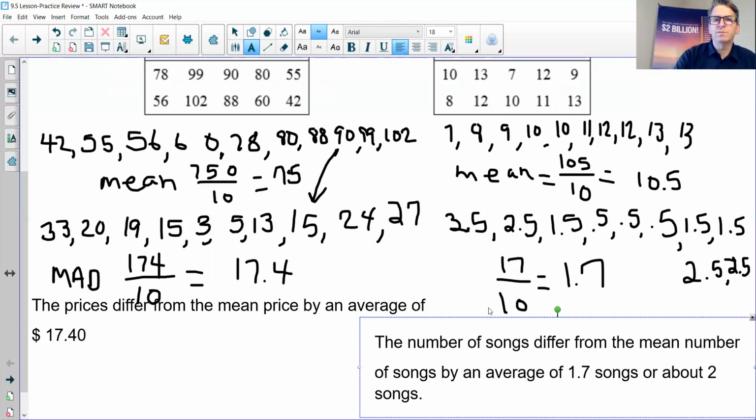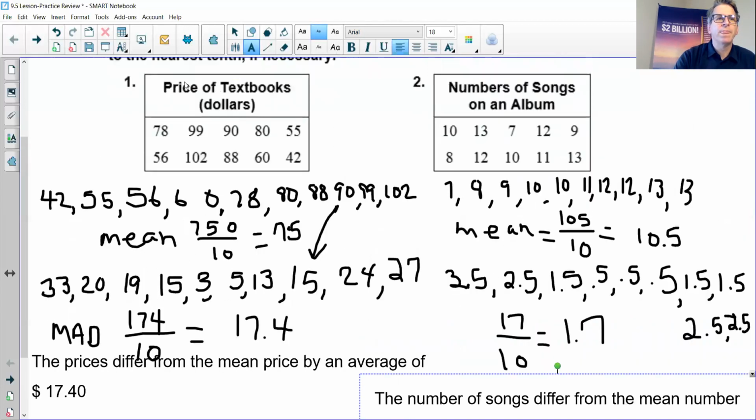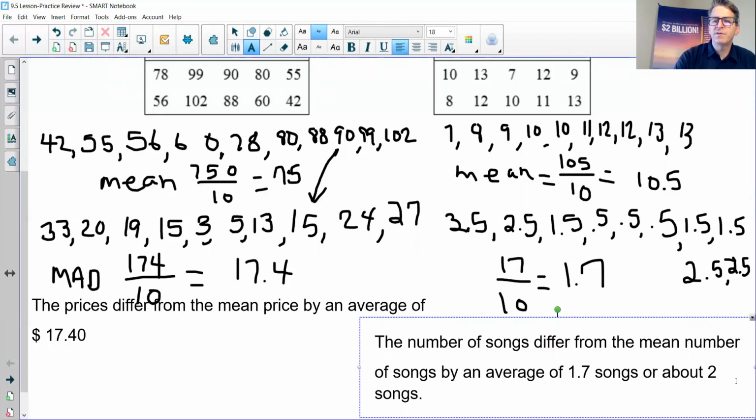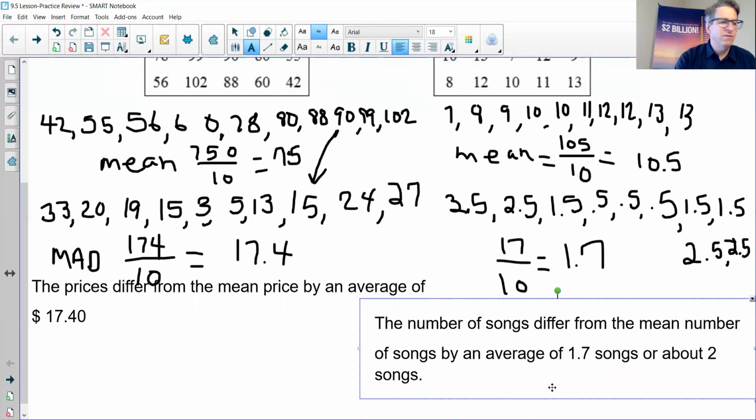And that's number 2. So the number of songs differ from the mean number of songs by an average of 1.7 songs. All right, moving on to number 3.